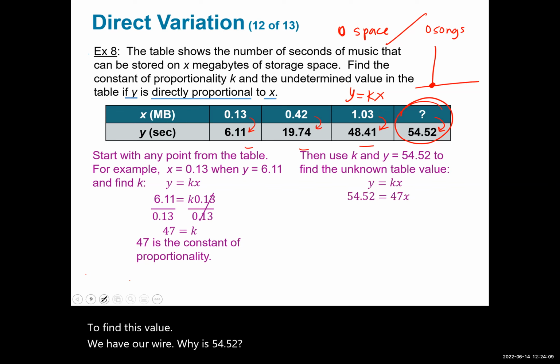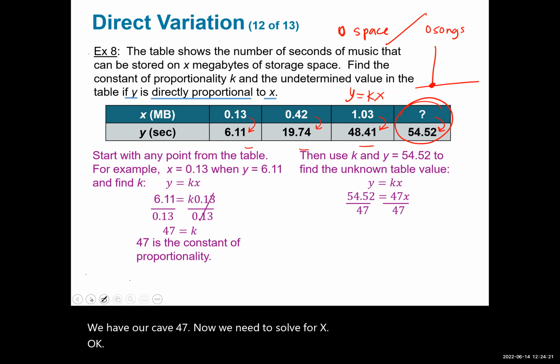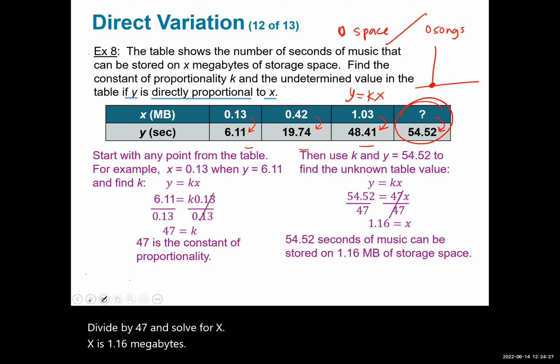We have our k, 47. Now we need to solve for x. So divide by 47 and solve for x. x is 1.16 megabytes. So 54.52 seconds of music can be stored on 1.16 megabytes of storage space.